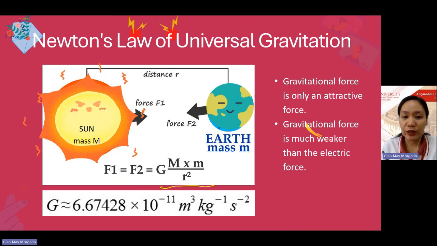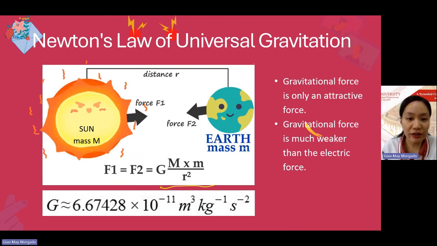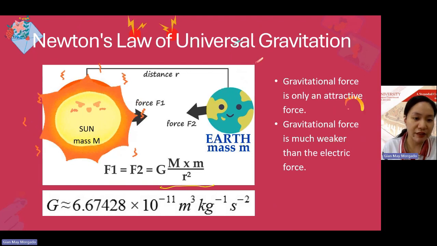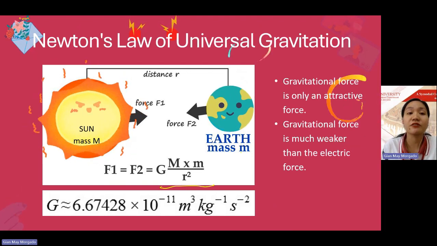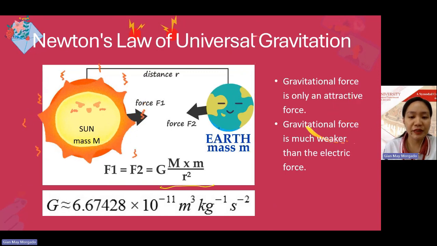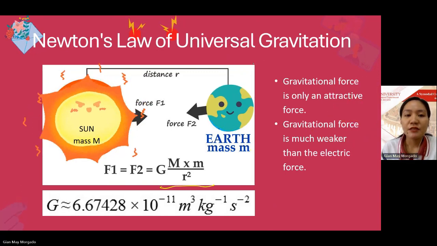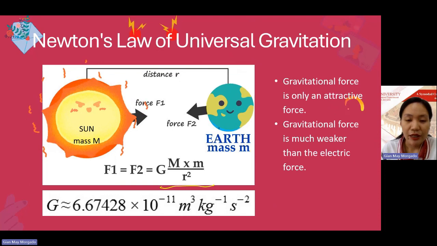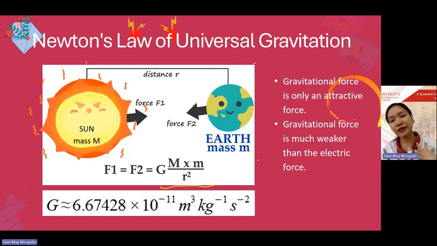Similar to Coulomb's law, which has a Coulomb's law constant, here you have a gravitational constant with a certain value, 6.68 times 10 raised to negative 11 m cubed per kilogram seconds squared. Okay, so what's the implication of this?